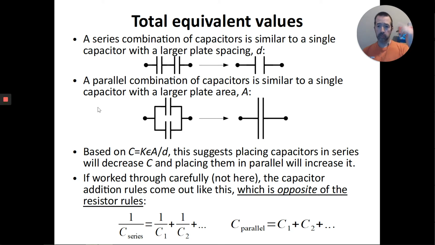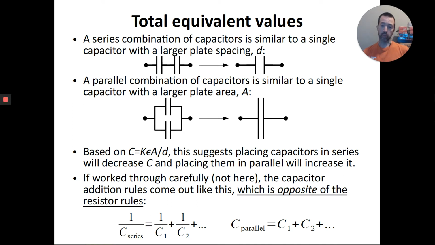Similarly, if I put capacitors in parallel with each other, you could imagine connecting these two left plates to each other and make a big plate. Connect the two right plates together to make a big plate. So a parallel combination is analogous to changing the plate area. And if you increase the plate area, that increases capacitance.